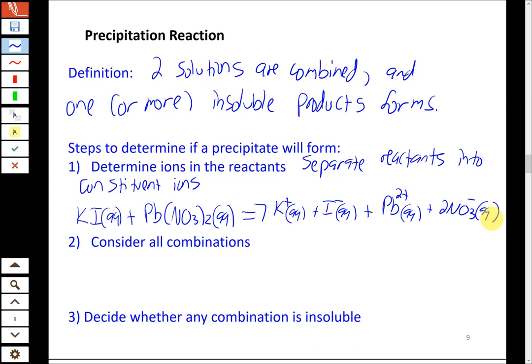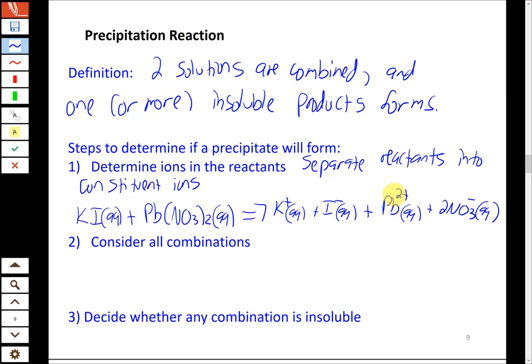Okay, so those are going to be the ions that form when these two substances are dissolved together in water. And again, for predicting whether or not a precipitate will form, the stoichiometry is not critical. If we forgot the two there, we would still come to the same conclusion. But for getting the balanced reaction correctly done, we need to make sure we keep track of how many of each ion there are.